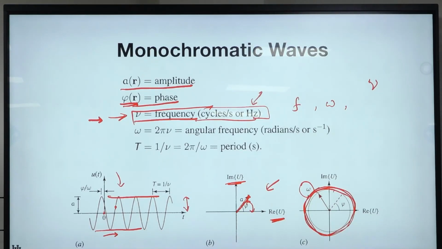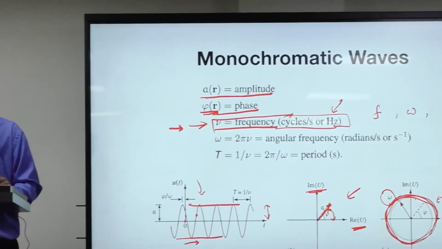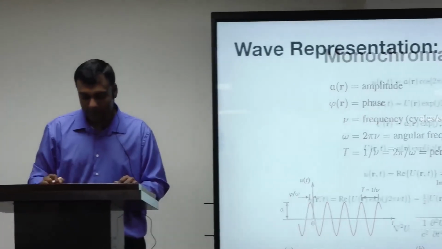That corresponds to an angle. One circle means 2 pi radians of angle, right? So it's accumulating an angle, which is the phase angle. That's the basic idea behind this.